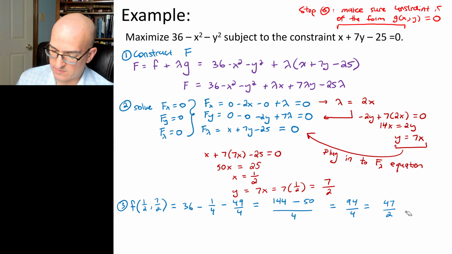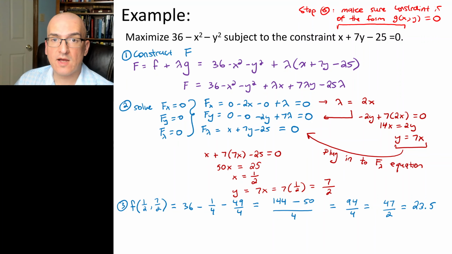And that's equal to 23.5. So that's the output of our objective function at this point.